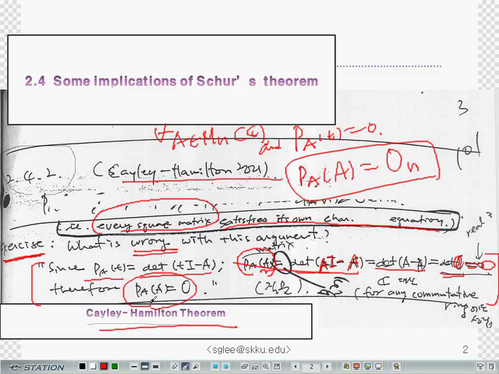Do you think this is a right proof? Chong. If the proof of the Cayley-Hamilton theorem were this simple, then it wouldn't be that popular. This proof is wrong. What's wrong with this proof?